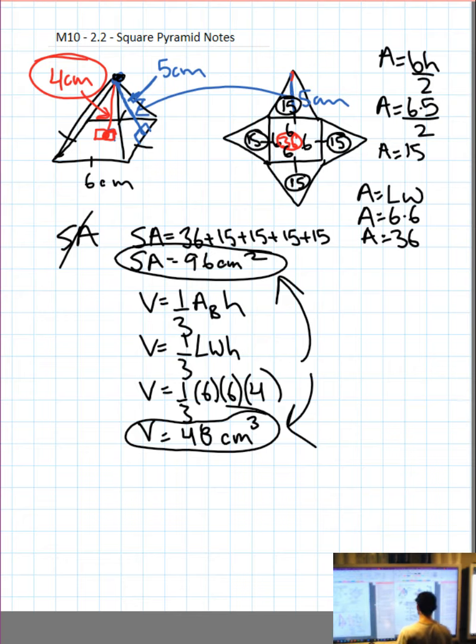I give you credit if you can do those in grade 10. So, reviewing, finding the surface area and volume of a square-based pyramid, and we're now soon going to do exactly that with a rectangular base pyramid, where we have to do a little bit of that complicated Pythag pictures at the bottom of the notes.